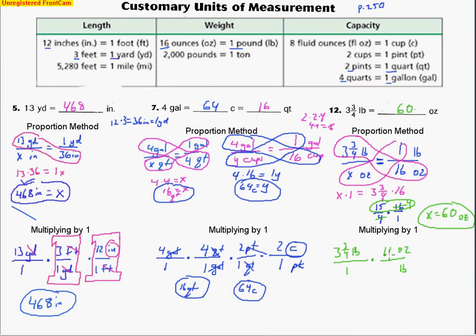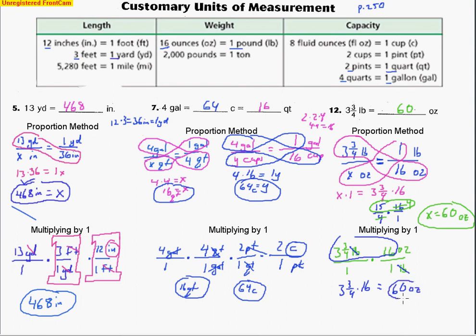Well, there's 16 ounces in 1 pound. That's what the conversion factor says up here. So from that point, we could go ahead and do the cross canceling. So see how the pounds end up canceling? So we're left with the 3 3/4 times 16. We've already done that. 3 3/4 times 16, we saw before, that was 60 ounces.